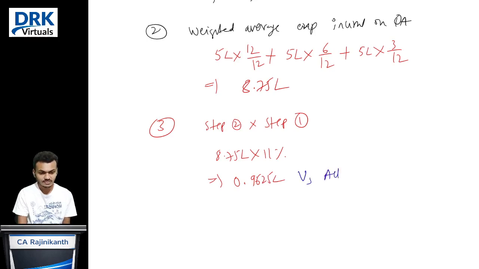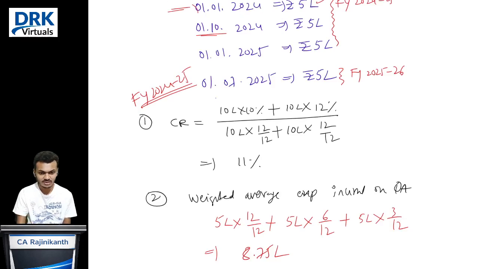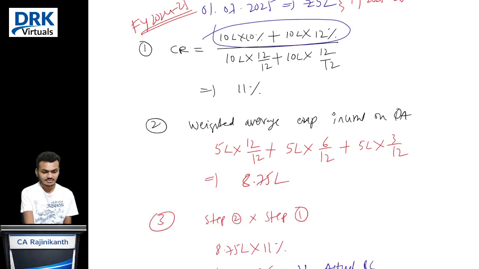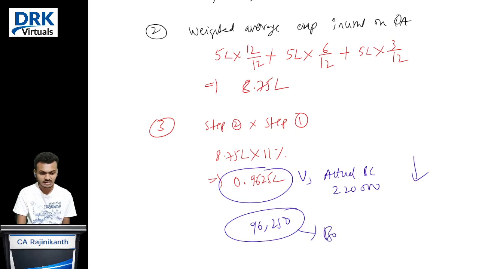Correct? Actual borrowing cost. How much it is? 2,20,000. Our numerator is 2,20,000. Okay. So whichever is lower, which one? This 96,250 is the borrowing cost that should be capitalized.